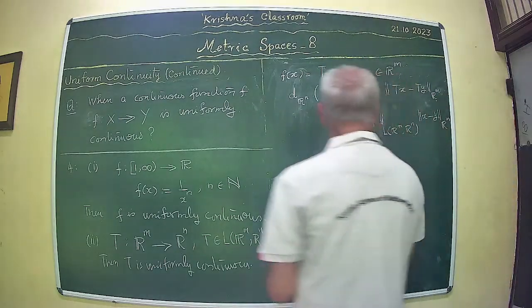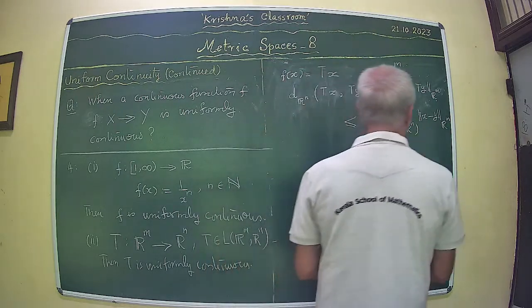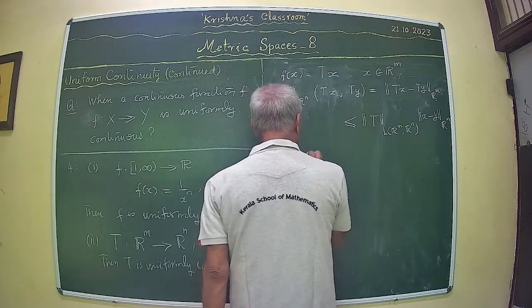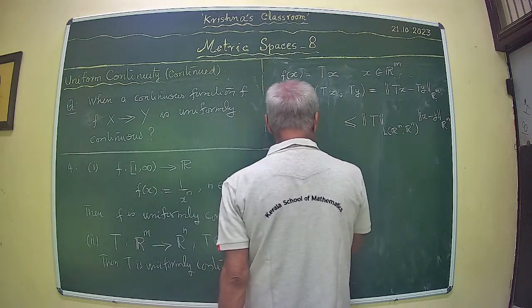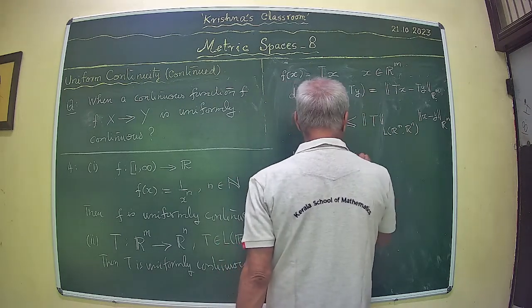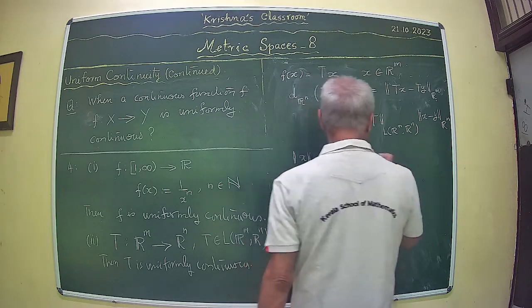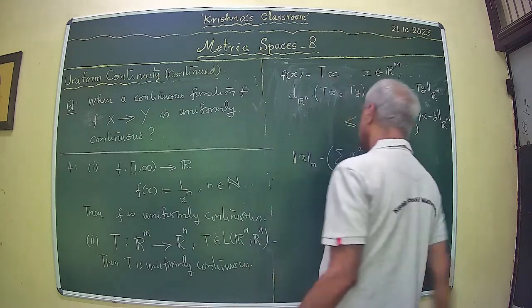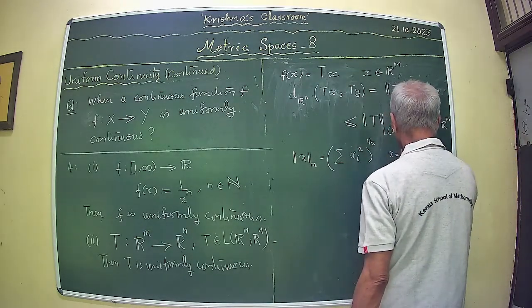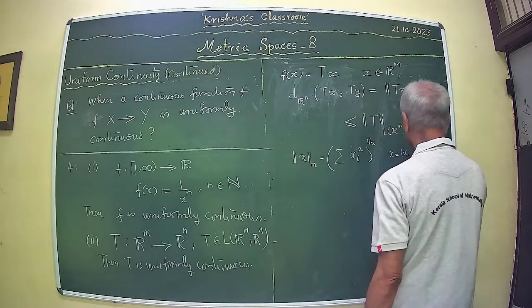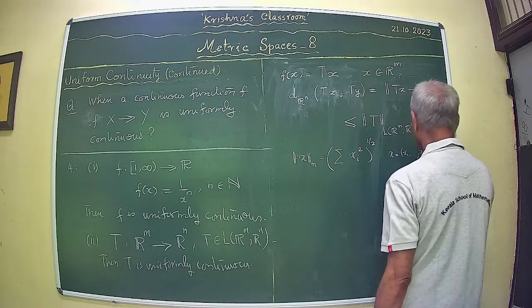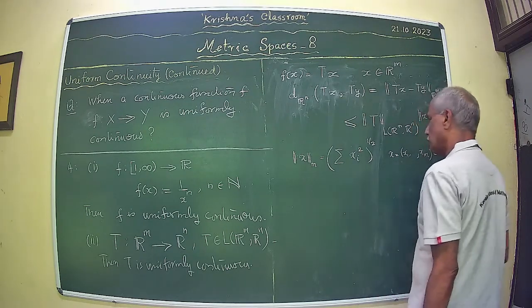Now, of course, the norm is defined in the usual way in Rm and Rn. In Rn, the norm is defined as, for x equal to, and so also for Rm.